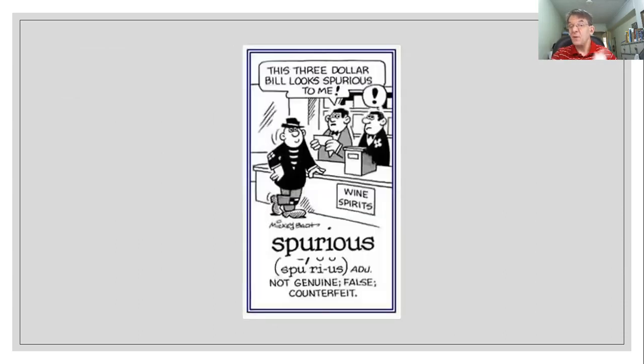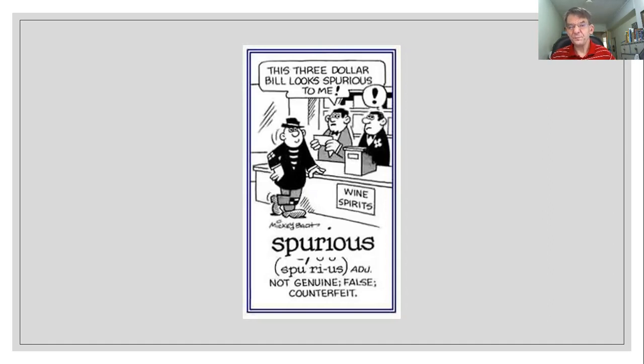Okay, the next vocabulary word is spurious. Spurious means not genuine. It means something that is false or counterfeit, not real.